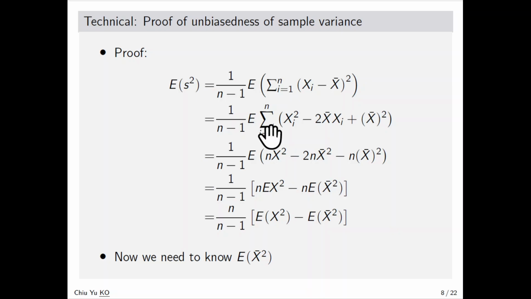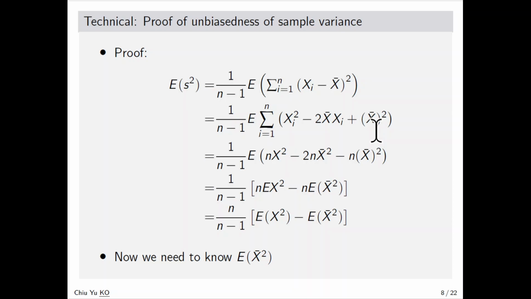Expanding the square gives xi squared minus 2 x bar xi plus x bar squared. Because we don't write the i, since they're the same for everything, this is the same as the sum of x squared minus 2n x bar squared, because the summation of xi can be written n x bar, and then plus n x bar squared.